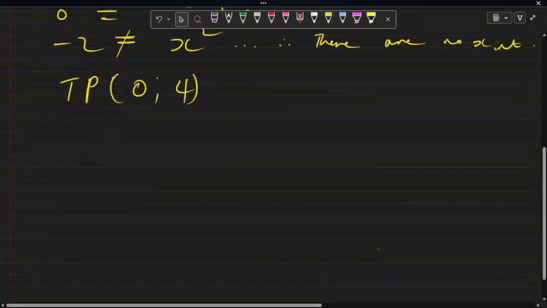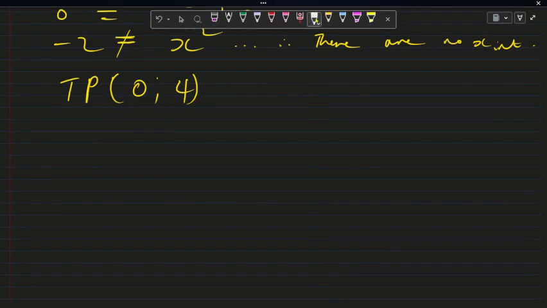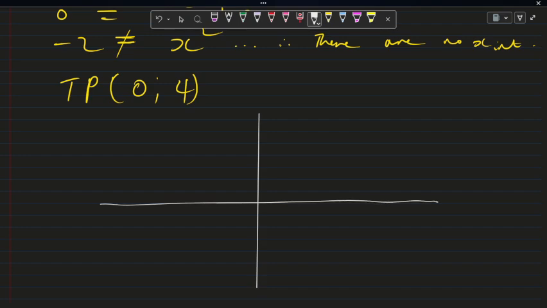Now we can sketch our graph. So 1, 2, 3, 4. We have a point here, that is our turning point. And then we can go on and sketch our graph.